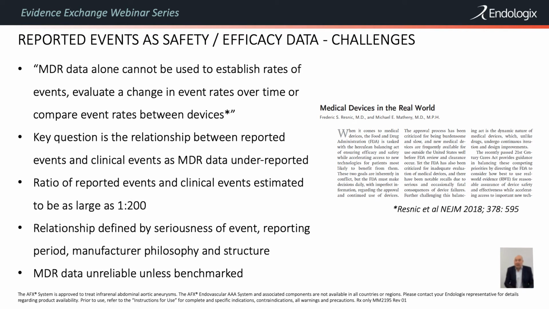And actually, there was an FDA paper here on your right-hand side that stated that you cannot really use MDR data to establish rates of events, look at a change in rates of events over time, or compare event ratios, purely because what you don't know is the relationship between the number of clinical events and the number that are reported to the manufacturer. And actually the FDA, in some of their correspondence, thinks that that estimated ratio of reported to clinical events can be as large as 1 to 200.